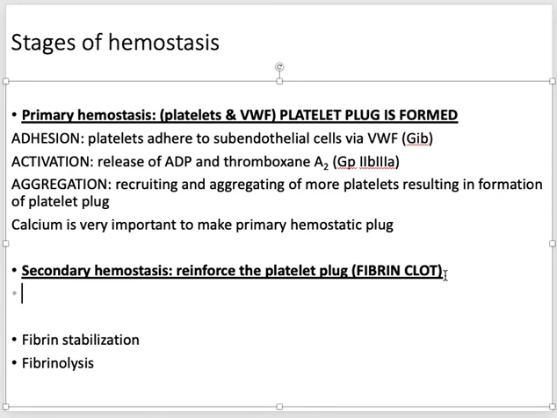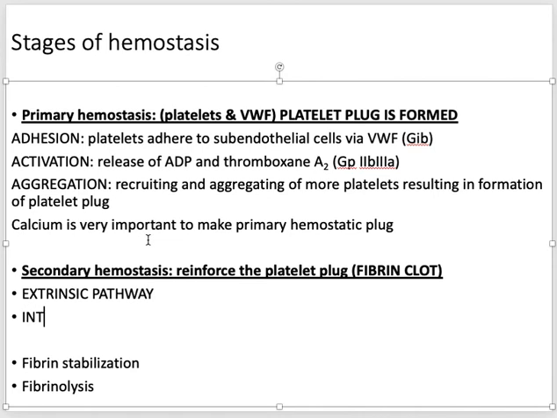Now, in secondary hemostasis, what is going to happen? A fibrin clot is formed. There are two pathways. One is called the extrinsic pathway, and one is called the intrinsic pathway.